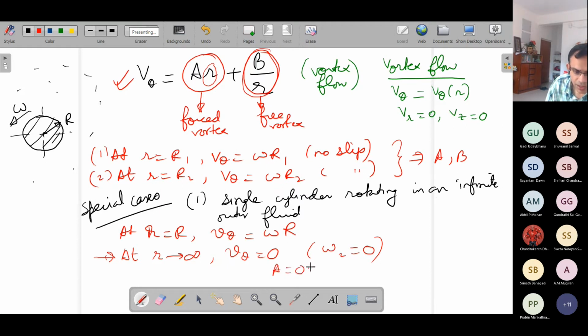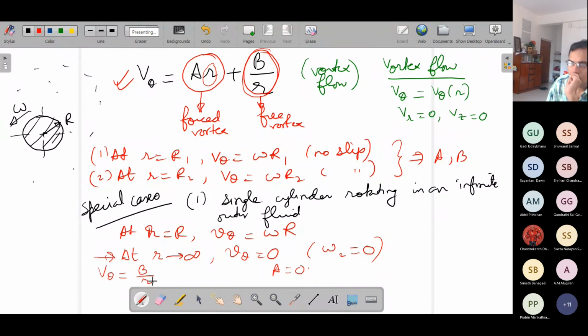So if A is 0, then in this case you have v theta is equal to B by r. So this is a very interesting way of experimentally generating free vortex. So you have a cylinder in a large extent of fluid and rotate the cylinder with some, say, motor with a uniform angular velocity.